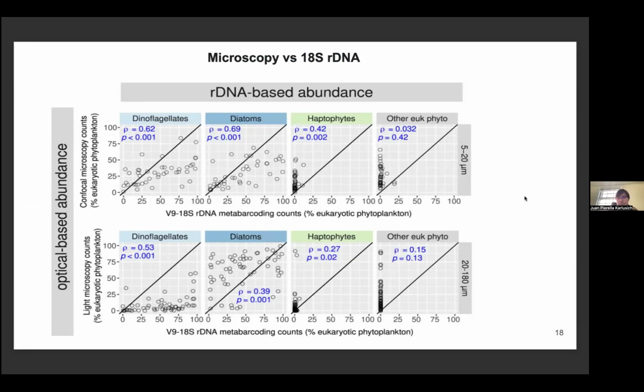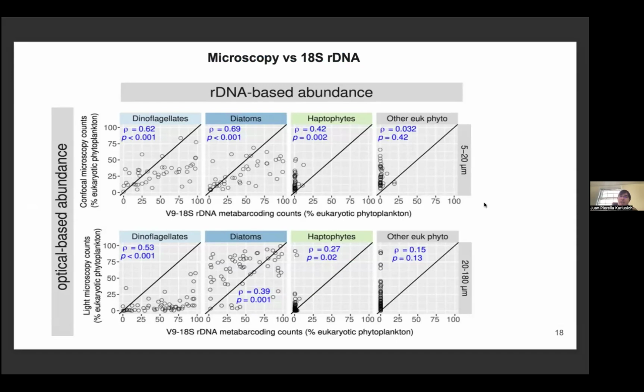In the horizontal axis is the ribosomal RNA gene, and in the vertical axis is the quantification based on microscopy. The first row corresponds to the size fraction between 5 and 20 microns, and the second row to the larger size fraction.